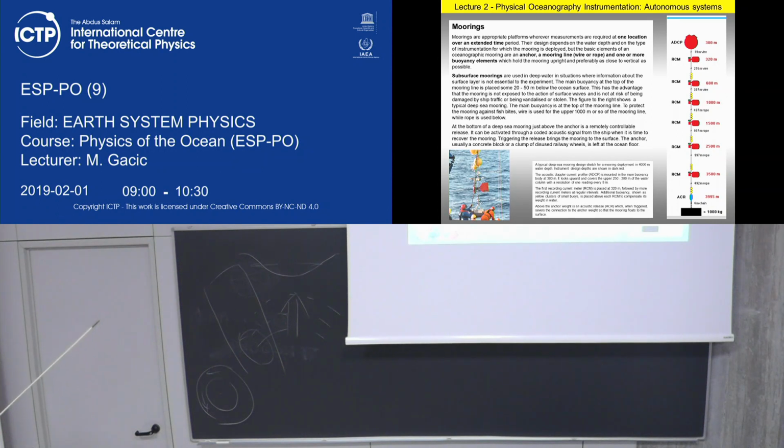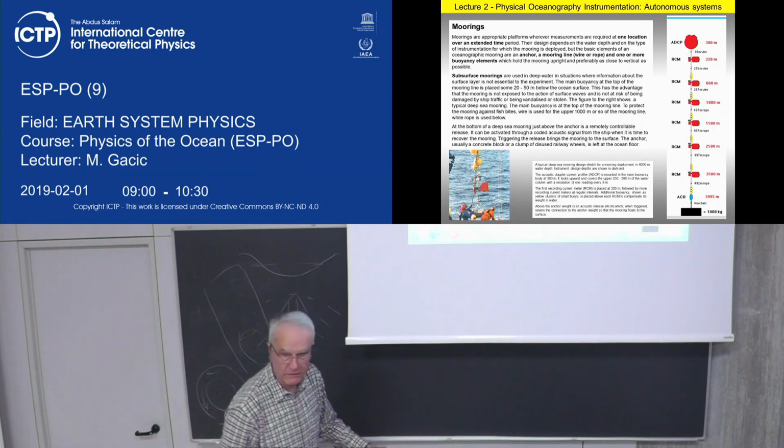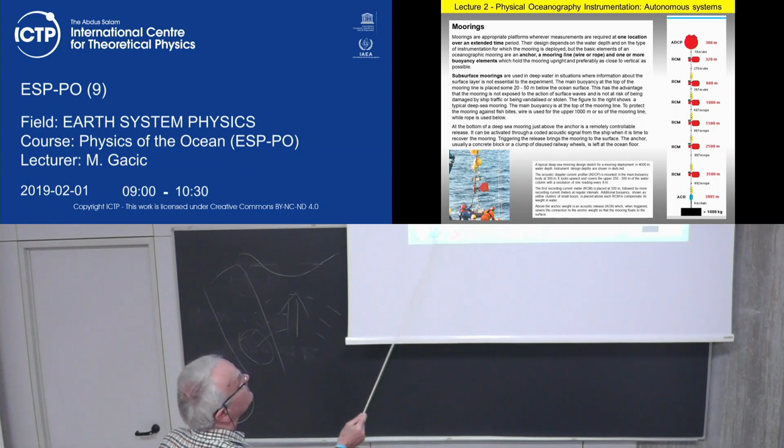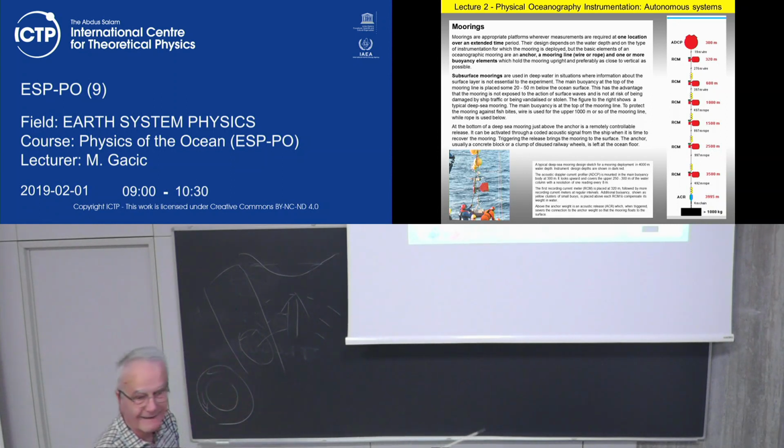So there is another thing I have forgotten to tell you, at the bottom, because the question is how do I pick up all these things from the ship, because at a certain moment I have to pick this up at the surface and do the maintenance of the instruments, and I have to pick it up by a remotely controllable release.